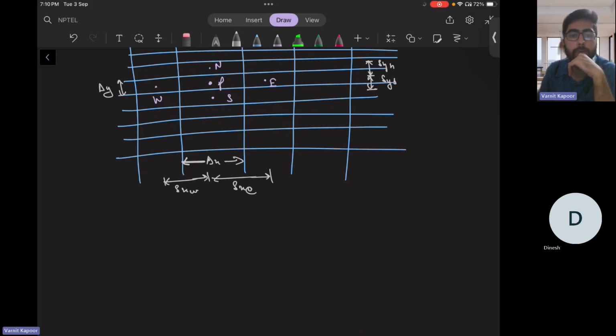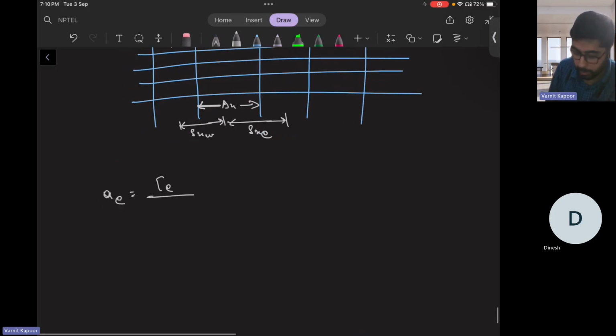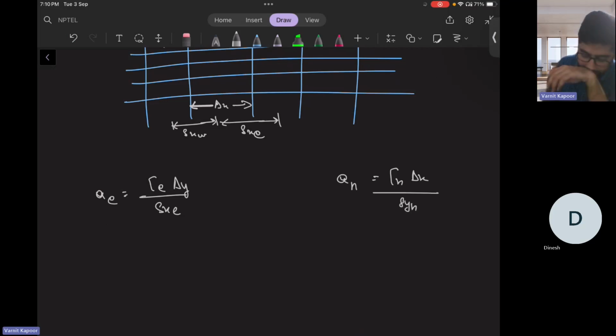Now, if we write the coefficients, A east is written as gamma E delta Y over del X east. We have seen this already. And A north I should write, sorry, as gamma north delta X over delta Y north.